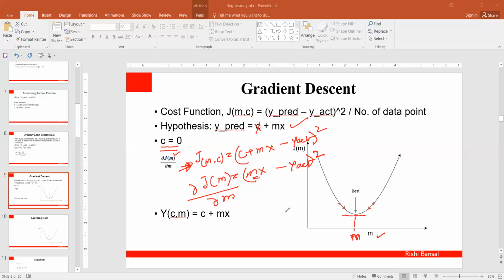This is an iterative method. I will show you how, but that is the difference. I'm not taking two equations and putting the value from one equation into the other. We are just going by the differentiation method.